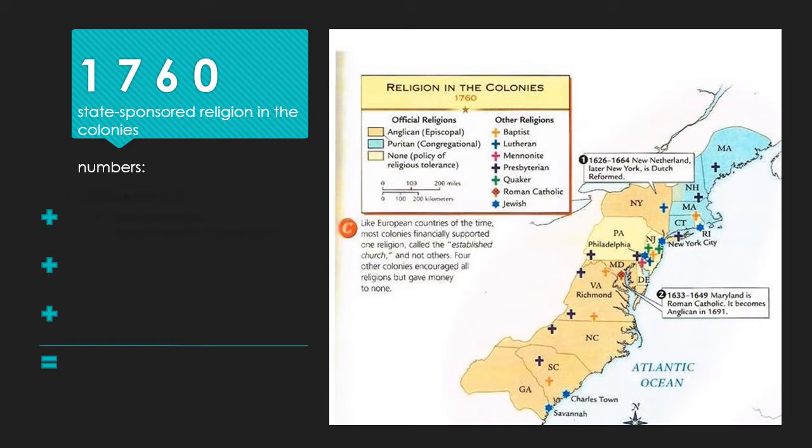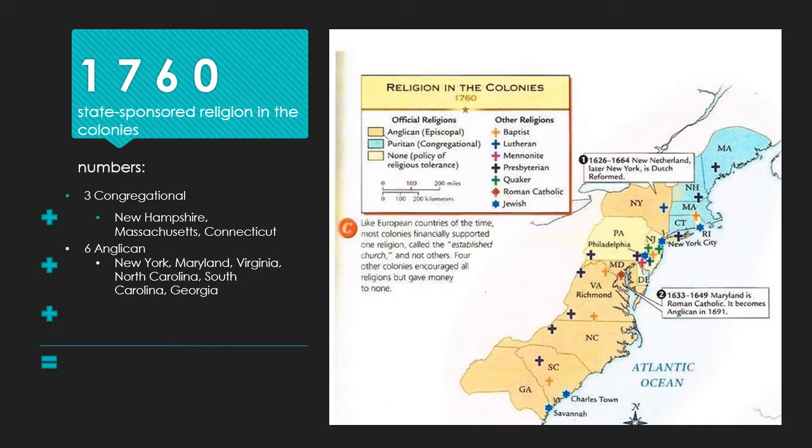Now, at this time, those in Great Britain were Anglicans, or members of the Church of England, while French and Spanish colonists adhered to Roman Catholicism. In 1760, 9 of the 13 colonies supported one of two state-sponsored religions.